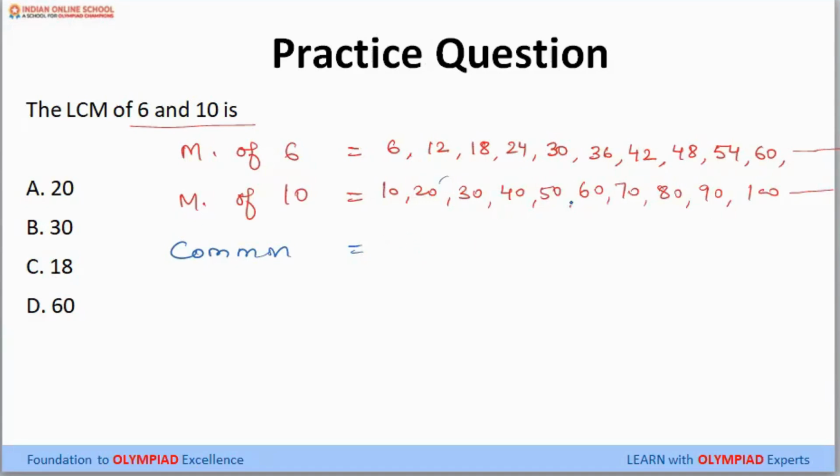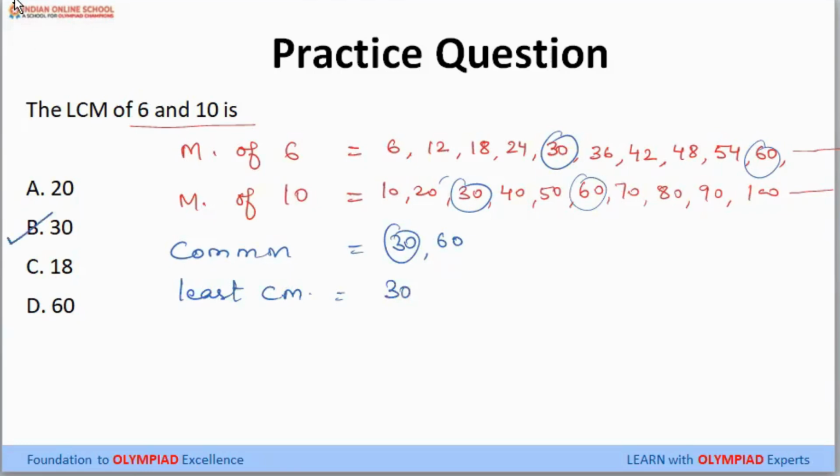Common ones we have 30, then 60. Yes. 30, 60. Okay. Now, which is the least common one? 30. So LCM will be what? 30. Understood? Yes.